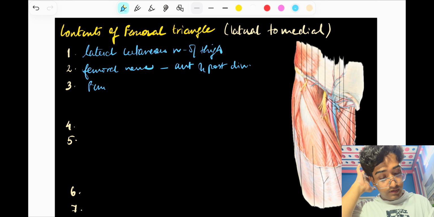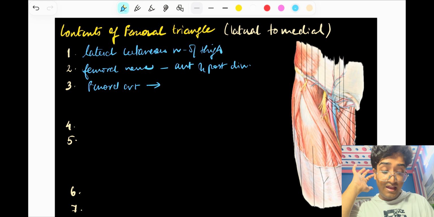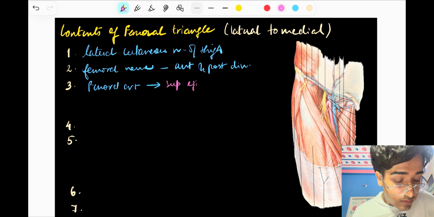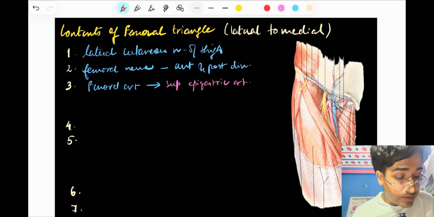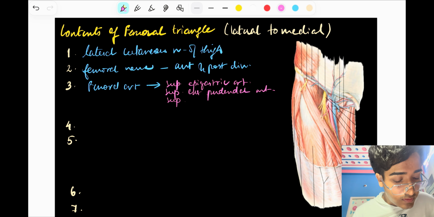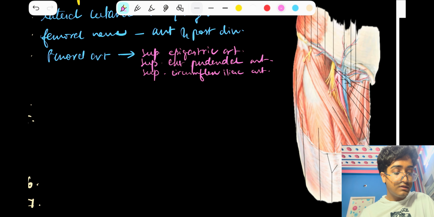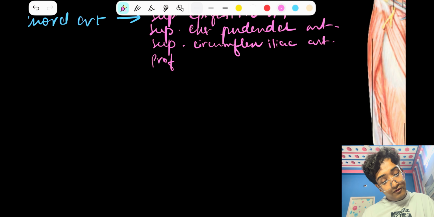Then the femoral artery and its branches: the superficial epigastric artery, superficial external pudendal artery, superficial circumflex iliac artery, and the profunda femoris artery.